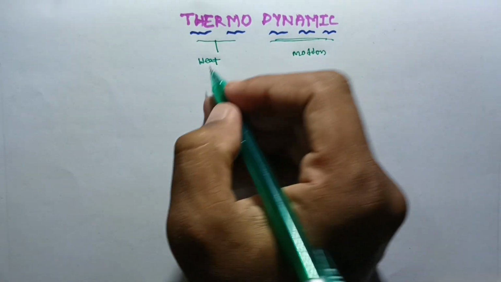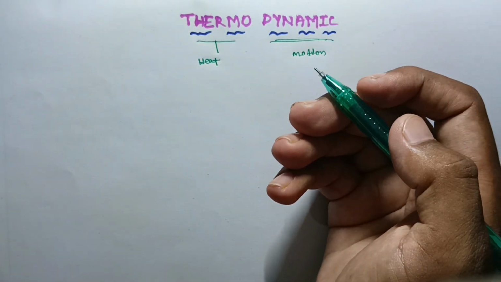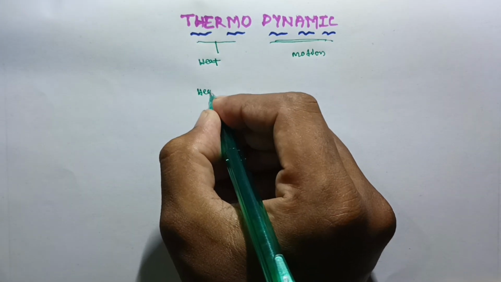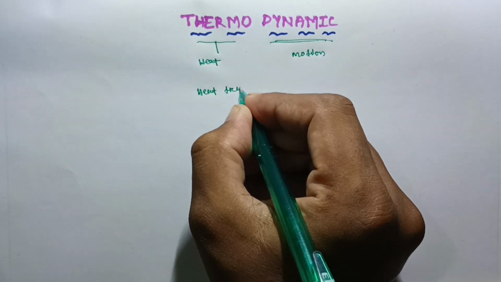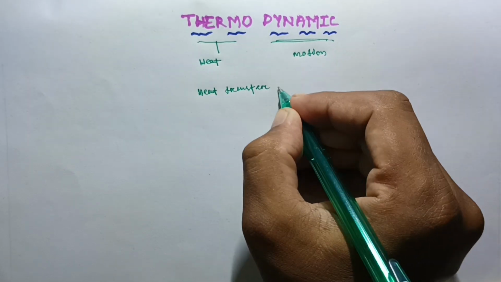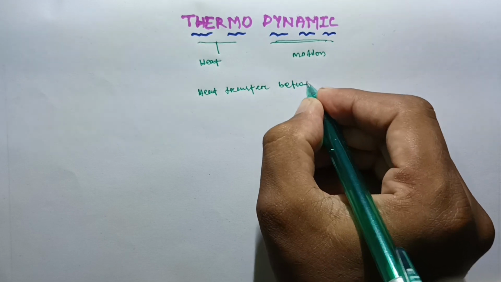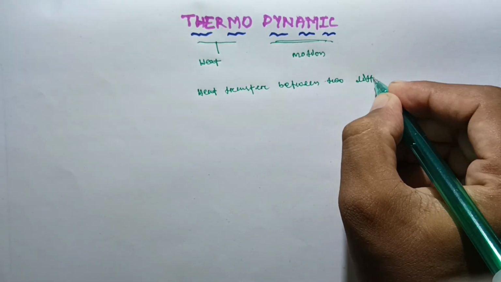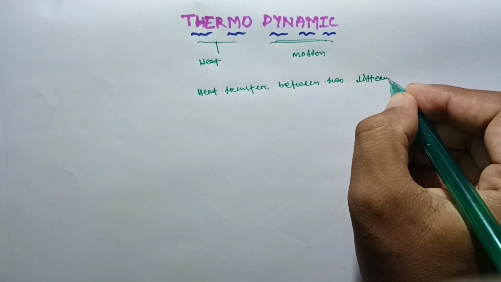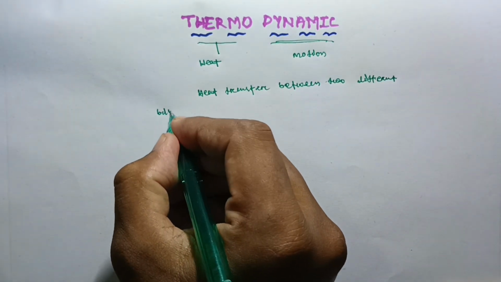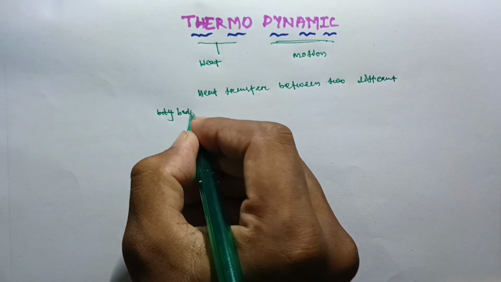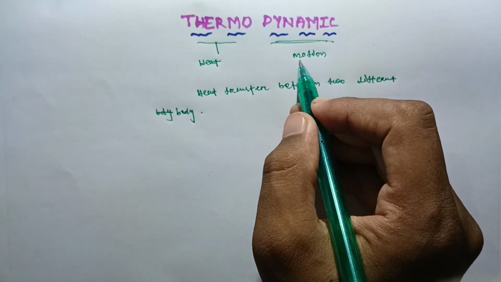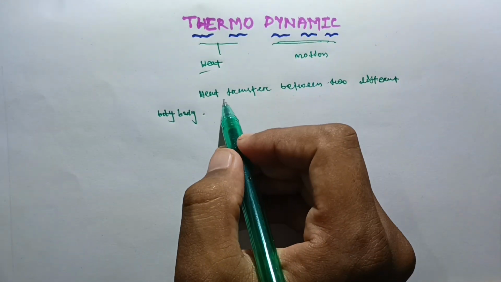So we can say thermodynamics means heat transfer between two different bodies. Heat motion means heat transfer. Okay.